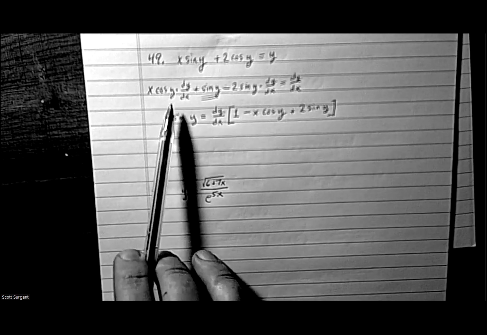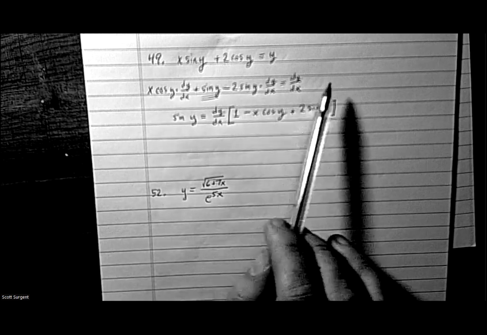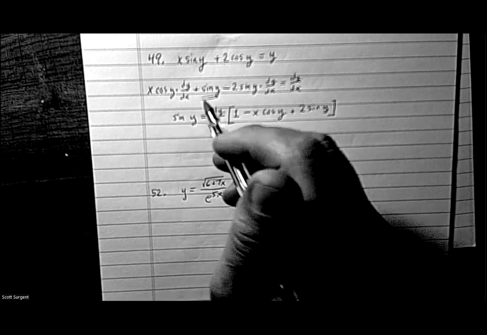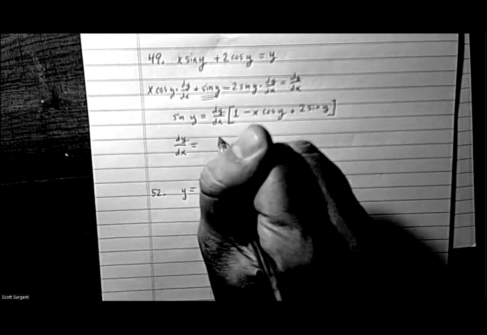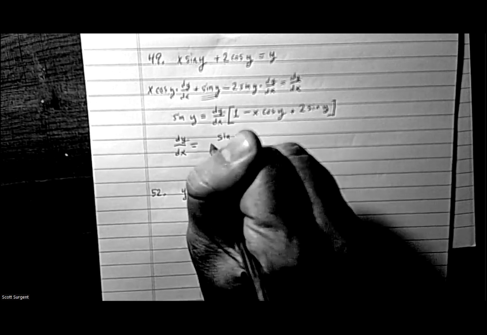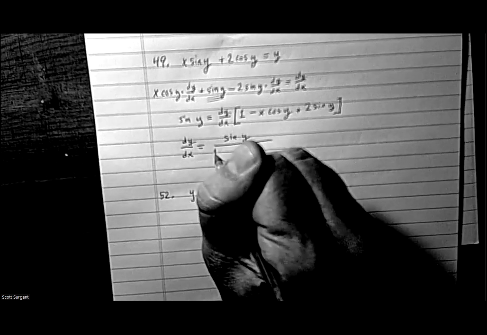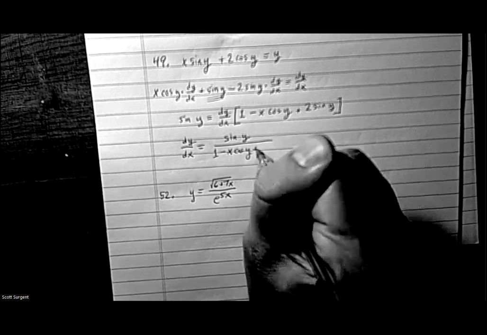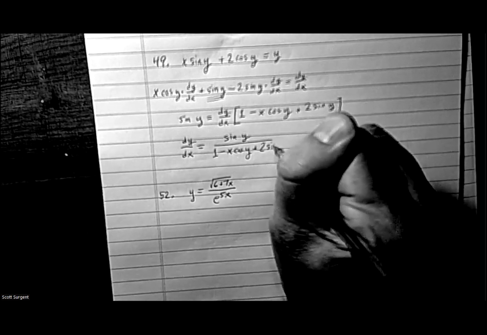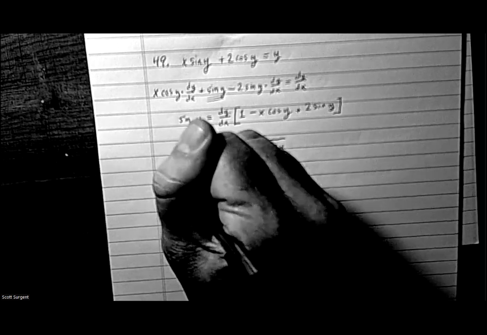So I took care of 2 steps. When I brought these 2 terms to the right side, I factored out the dy dx, so then dy dx is isolated. It's going to be the sine y in the numerator, this whole long expression in the denominator. And that would be your final answer for that derivative.